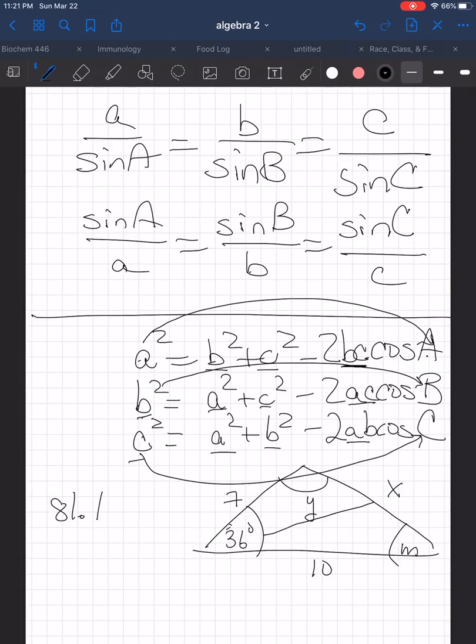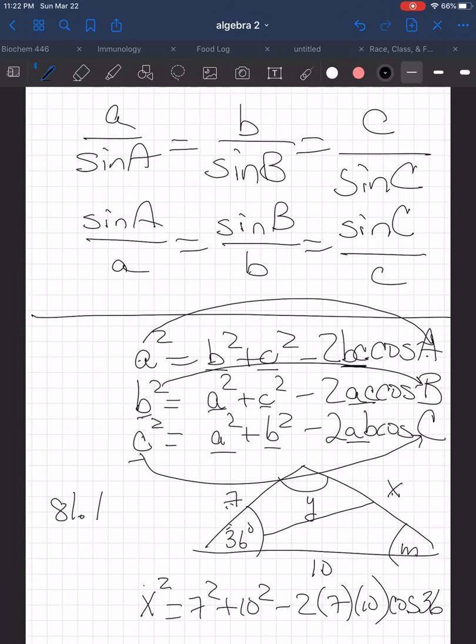But if we set this up, we can have x, which is the side, is equal to, use the other two sides, so 7 squared plus 10 squared minus 2 times 7 times 10 times the cosine of the angle across from x, which is 36.